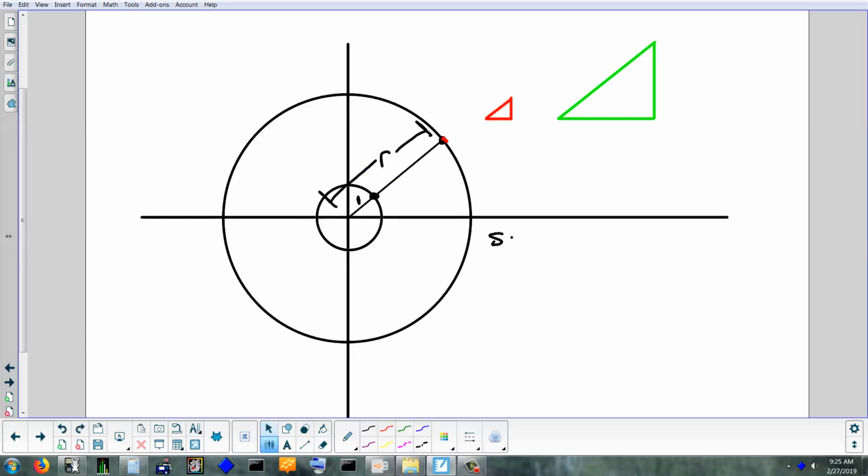All right, so we've got a small circle where the radius is 1, and we have a big circle where the radius is r.